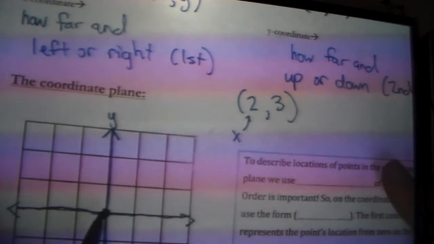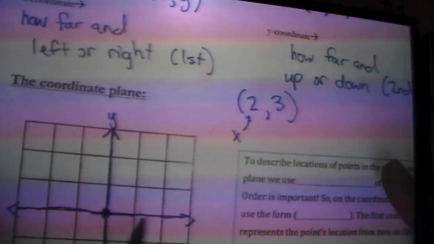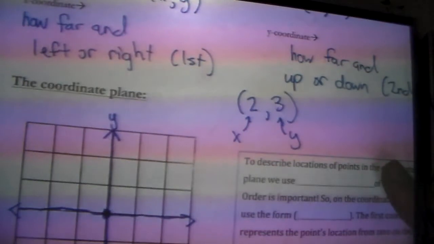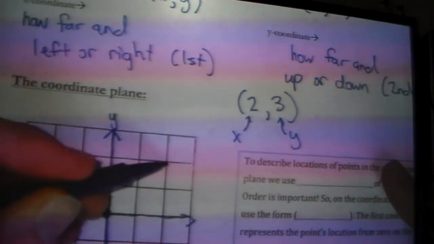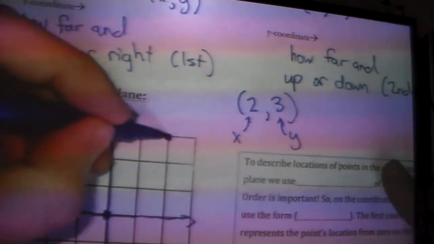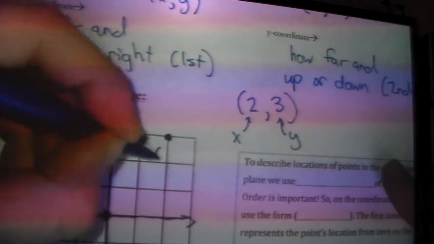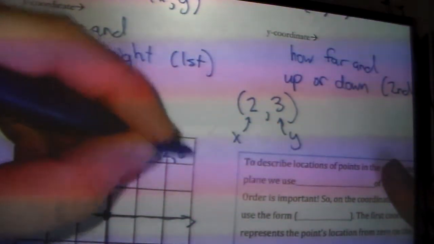I always start from the origin. It's always my beginning point. So I go 2 to the right, but then it also says 3 for my y. So that means I go 3 up because it is positive. If it were negative, I would go down. So 1, 2, and then I go up 1, 2, 3. And so there is the point, 2, comma, 3.